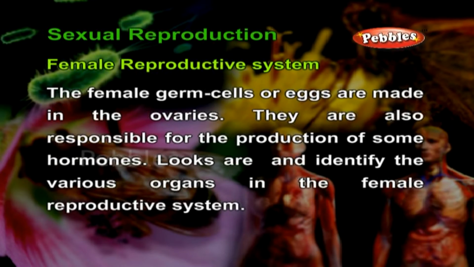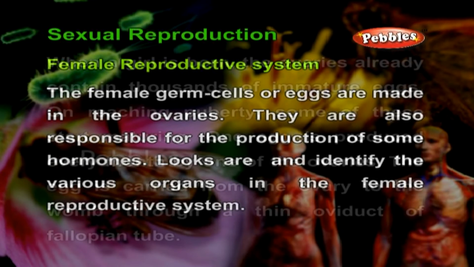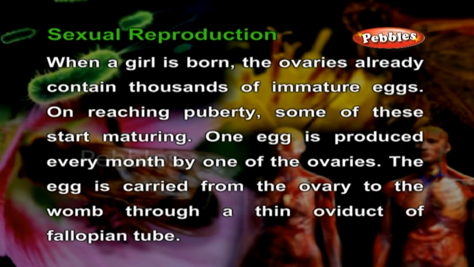Female reproductive system. The female germ cells or eggs are made in the ovaries. They are also responsible for the production of some hormones. Look at the figure and identify the various organs in the female reproductive system. When a girl is born, the ovaries already contain thousands of immature eggs.